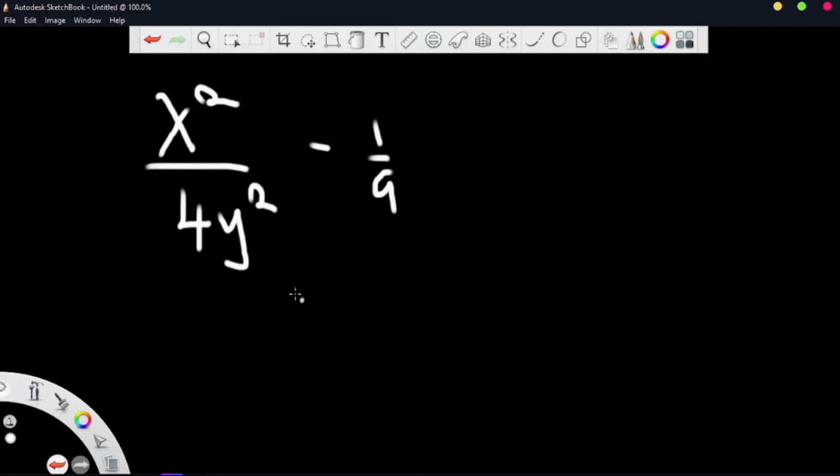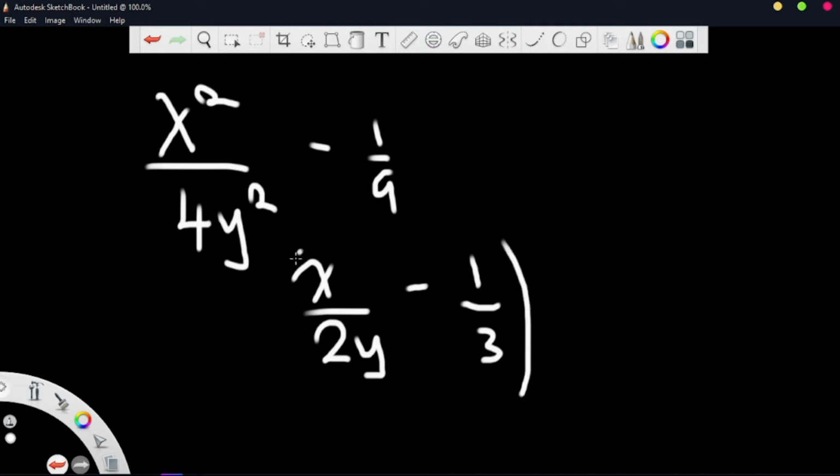So the square root of x squared is x, the square root of 4 is 2, the square root of y squared is y, the square root of 1 is 1, the square root of 9 is 3. So we're going to have that expression right here.